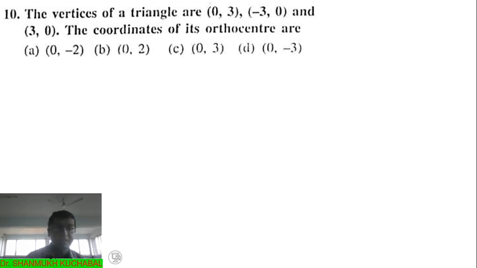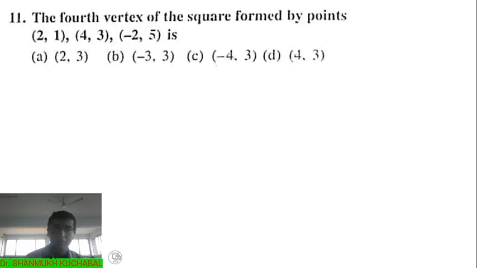Example number 10. The vertices of a triangle are 0, 3, minus 3, 0 and 3, 0. The coordinates of its orthocenter are, you have to find the orthocenter. That must be a right angle triangle. So first we'll write these points.